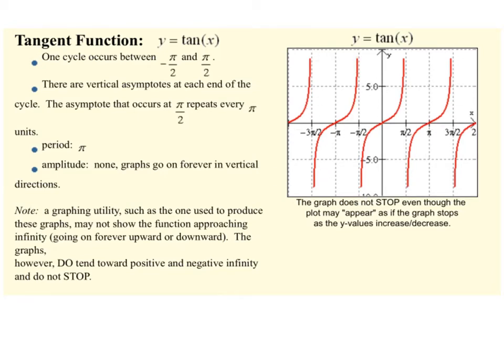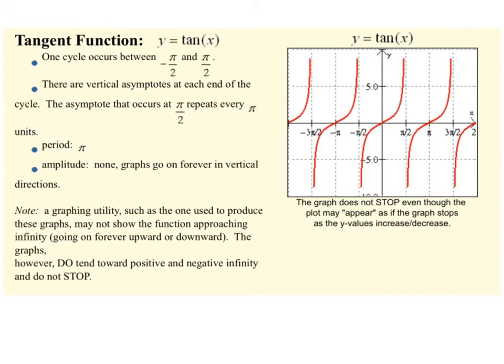So one period is pi, but it's not your standard 0 to pi. It actually goes from negative 90 to positive 90. And you'll notice that these asymptotes exist at pi over 2, and it repeats every pi, so 3 pi over 2, etc. Now, of course, we can shift it, and we can increase it, and we can make it smaller.